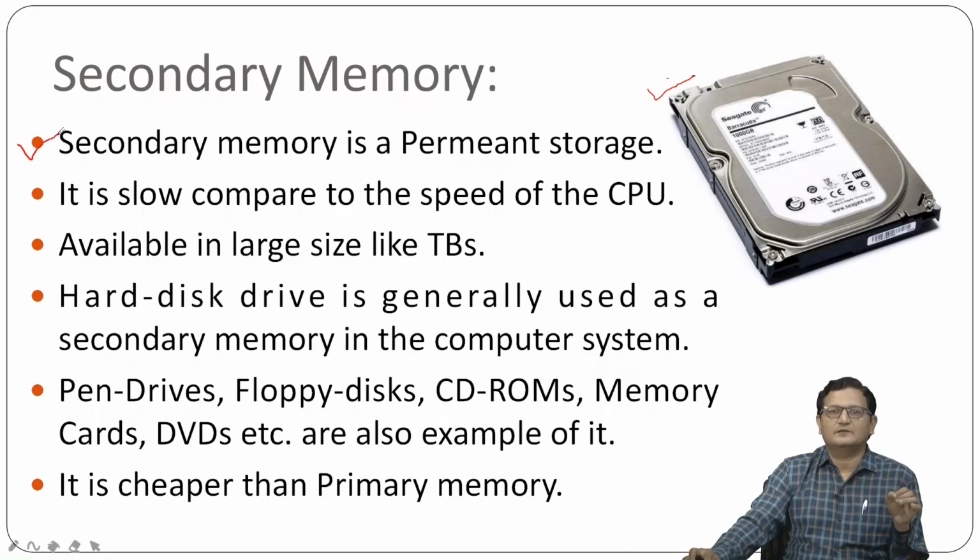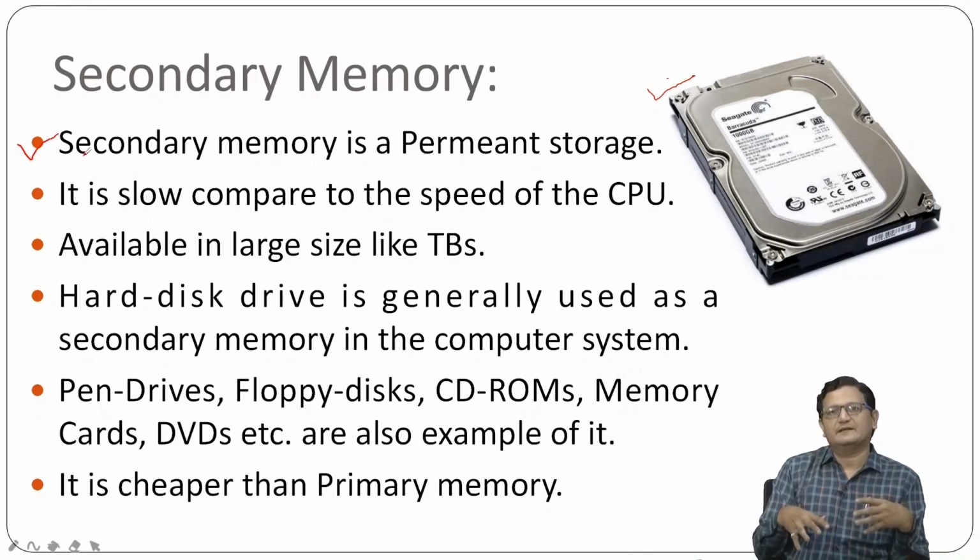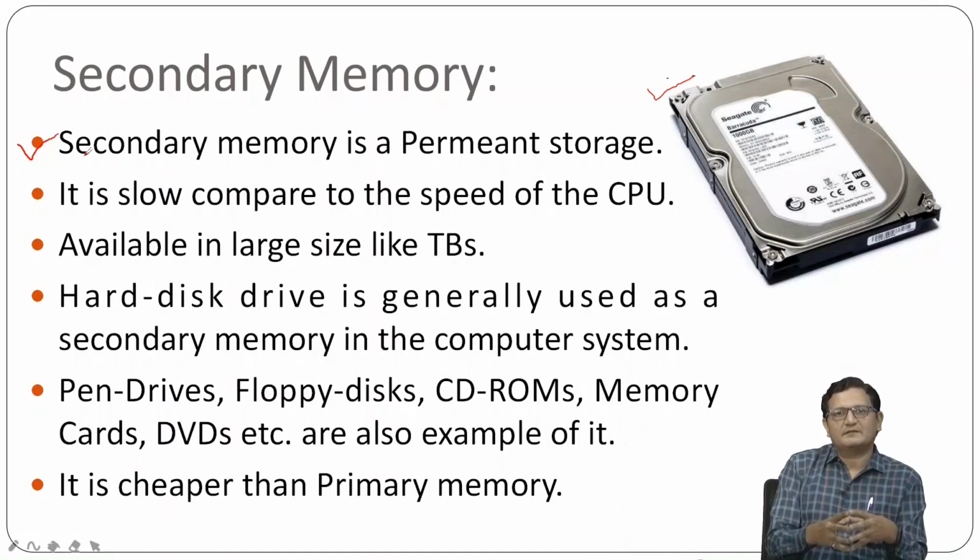So once you have typed a letter, whatever characters you have typed will be there in the random access memory, right? And what do we do after typing the letter? We save that document, right? So whenever you click on the save button, whatever data is there in the random access memory will be stored into the hard drive, which is called the secondary memory.